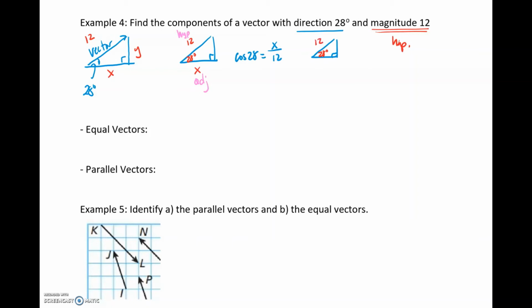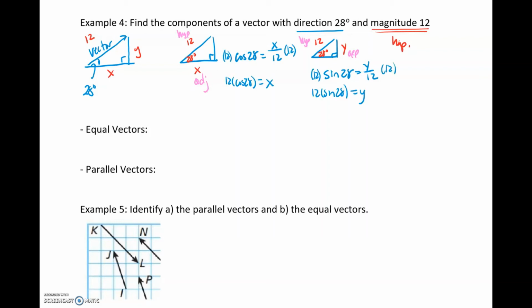This is still 12, but now I'm looking for y, opposite, hypotenuse, sine. So now sine of 28 equals y over 12. So let's go ahead and cross multiply, or just multiply both sides by 12, and let's solve for x and y. There you go. So I just wrote my work down.